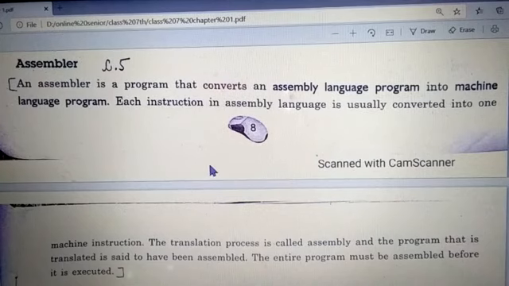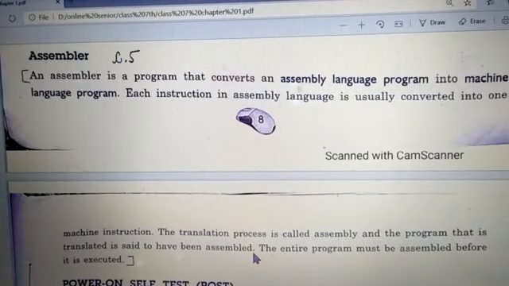So every instruction is converted into a machine instruction, and the translation process is called assembly, and the program that is translated is said to have been assembled. Assemble means to gather, to collect. And the entire program must be assembled before it is executed. So before execution, we need to assemble the program.